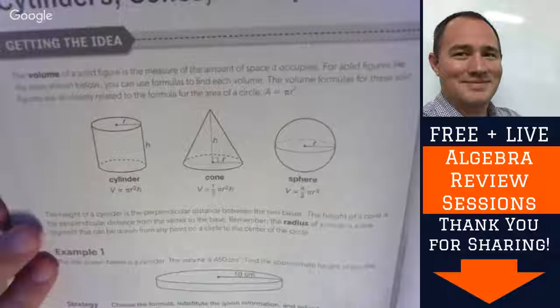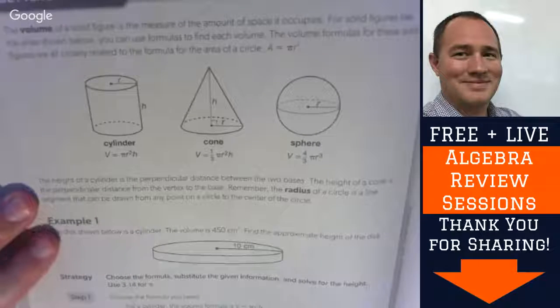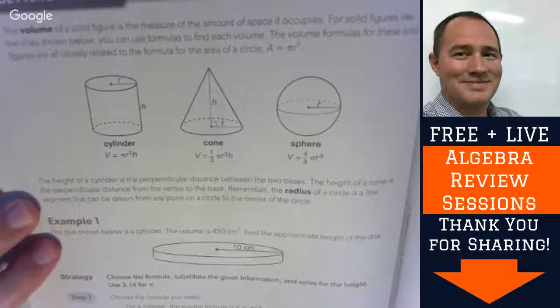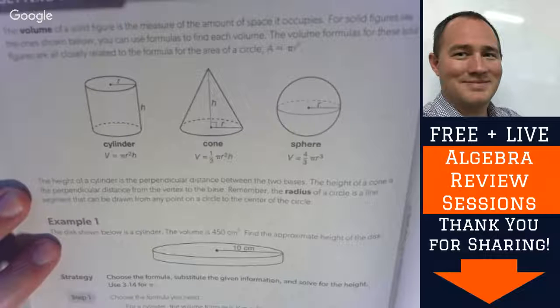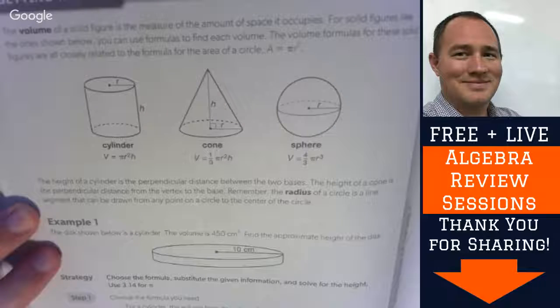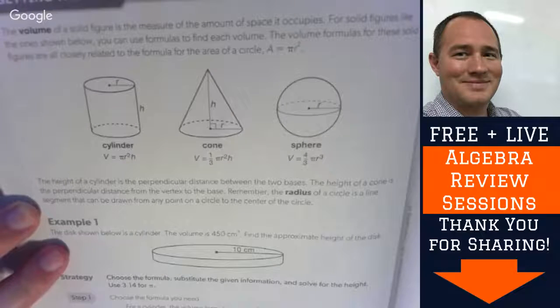So let's carry on here. The height of a cylinder is the perpendicular distance between 2 bases. The height of a cone is the perpendicular distance from the vertex to the base. And remember, the radius of a circle is a line segment that can be drawn from any point on a circle to the center of the circle, right?